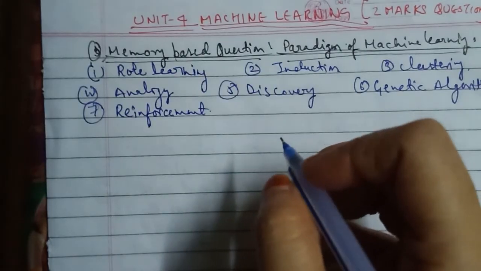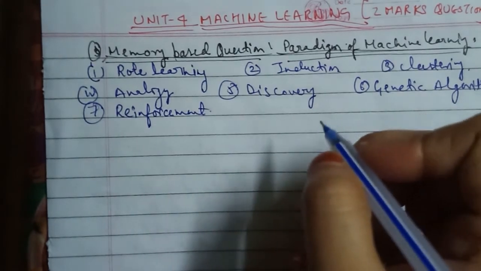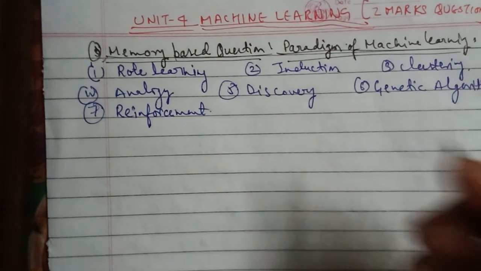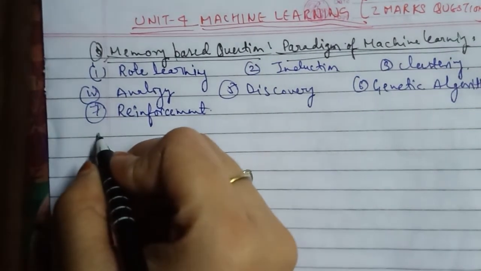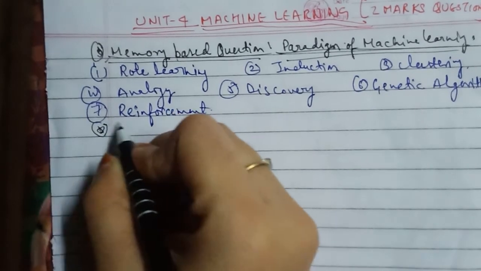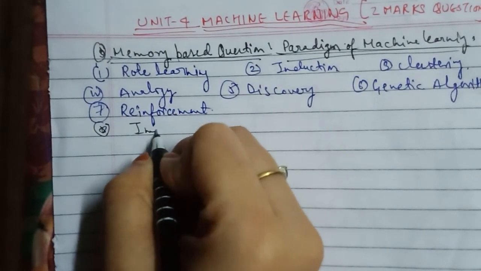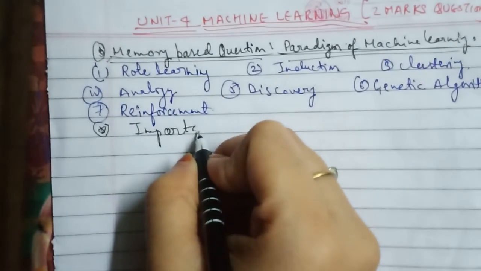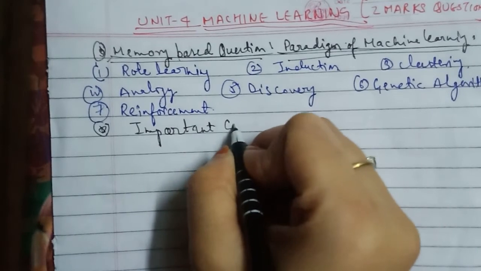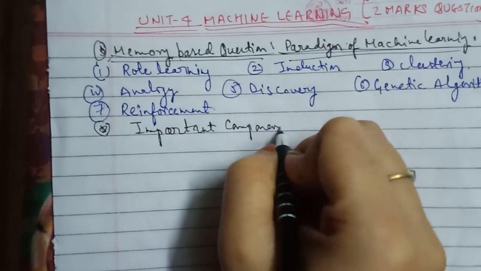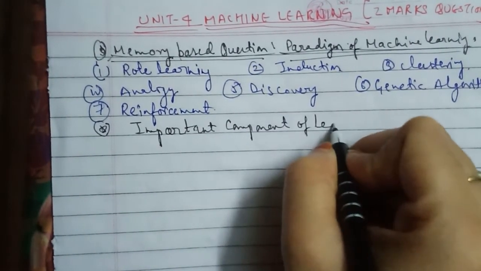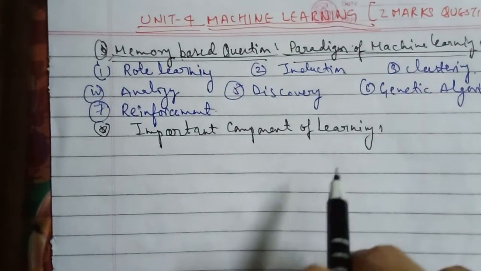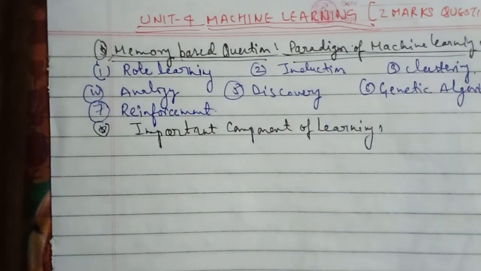I will go ahead with this. Write down the important components of learning. That has also been asked as a memory based question of 2 marks, so let's go ahead with it. The important components of learning: we have 2 components of learning.